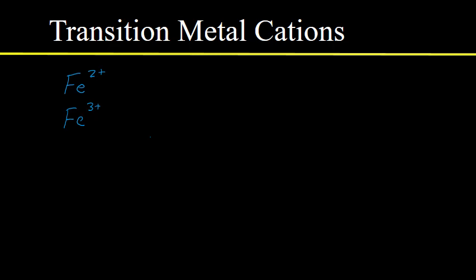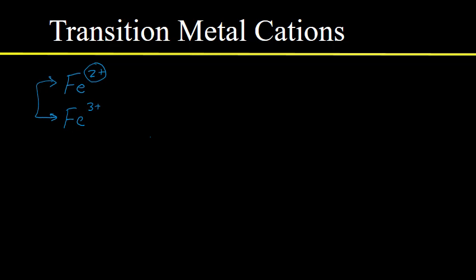For that reason, we can't just say iron ion, because these 2 things are different, and if we just say iron ion, it wouldn't be clear whether we were talking about the +2 or the +3. So when we name ions of transition metals, we have to take that charge and include that in the name so that we'll know which one we're talking about.